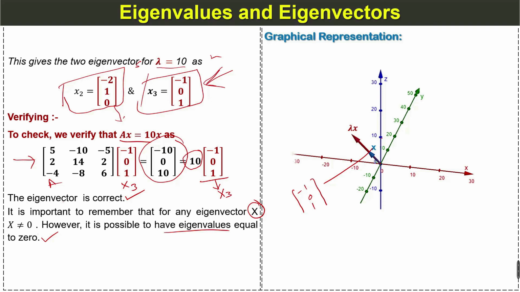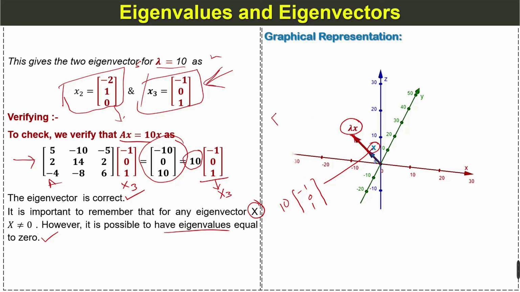After multiplying this eigenvector, we can see that it is stretching. This is lambda times x, meaning when we multiply this vector with 10, we get a stretching in the same direction.